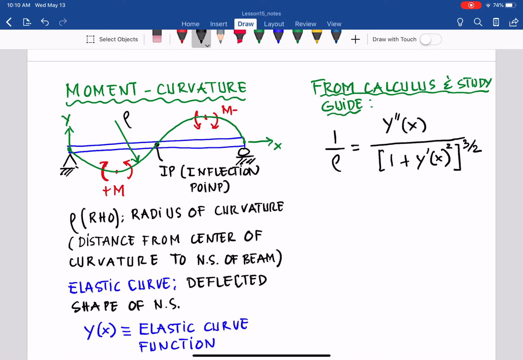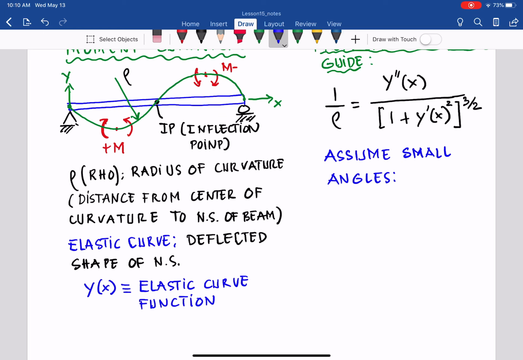So what does that mean if we assume small angles? And that's normally the case. In real life, when you deal with a beam, you don't want to have a big deflection. No one wants to live in or enjoy that facility.